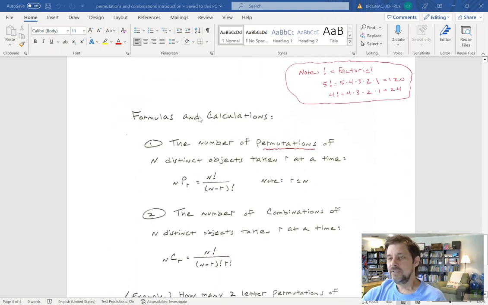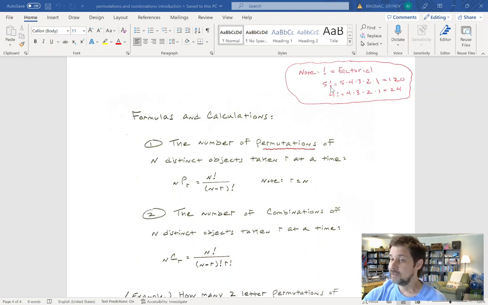Now let's look at the formulas and calculations. Real quick, all of these will involve something called a factorial, which is in math an exclamation point. Think of the exclamation point as a factorial, and the calculation for factorials is fairly simple. If I did 5 exclamation point, I would say that is 5 factorial.